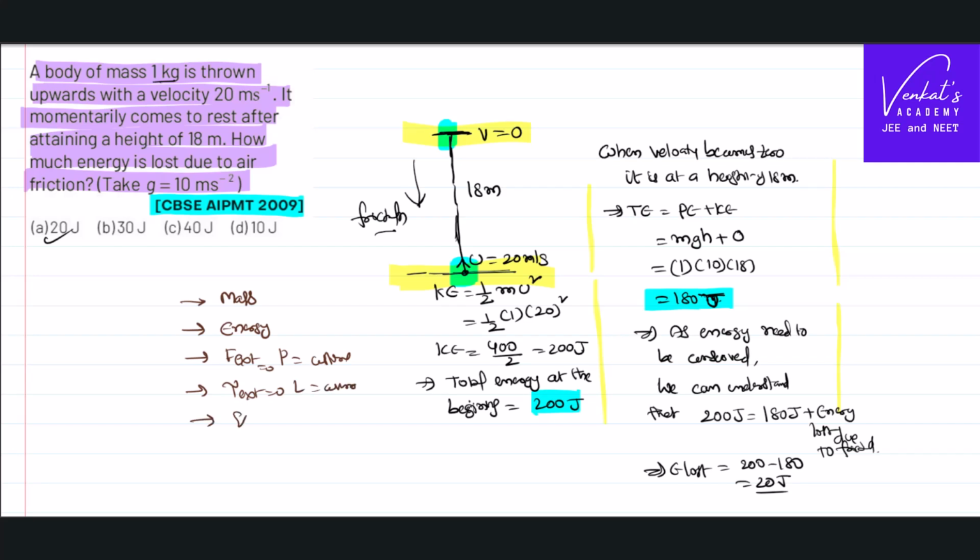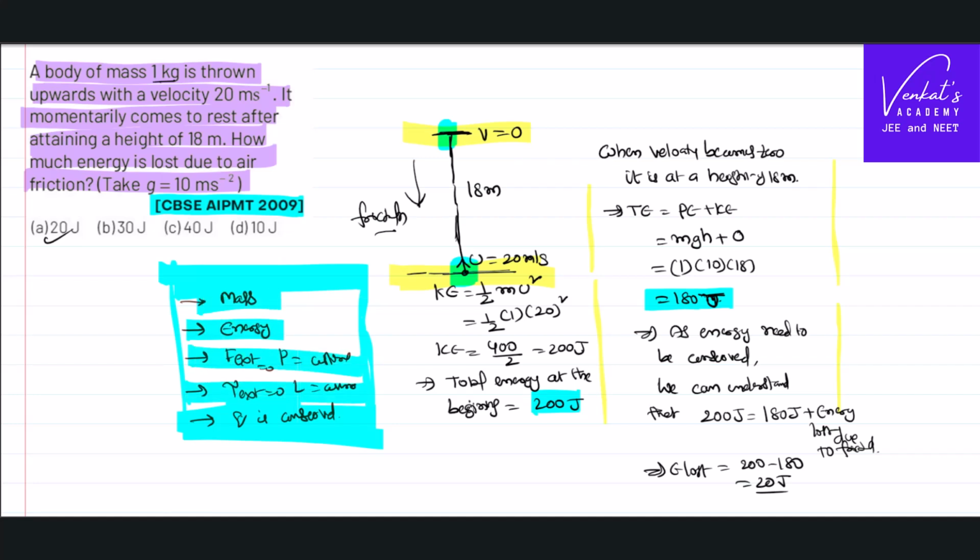And finally, charge Q is also conserved. So in any problem where you get stuck and you don't know what to do, or the data seems not sufficient to solve the problem, we can look into any of these conservations and see whether they help in any way, right?